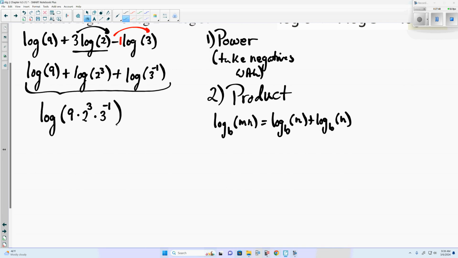We could have easily just said 9xy because that's understood to be multiplication. I would be a little hesitant to just do the same thing with this here because they're all just numbers, so it might look like instead of 9 times 2 to the 3rd, it'll look like 92 to the 3rd, so we want to be a little careful there. If it had been 9 times x cubed times z to the negative 1, we could say 9 x to the 3rd z to the negative 1. We don't need the dots.